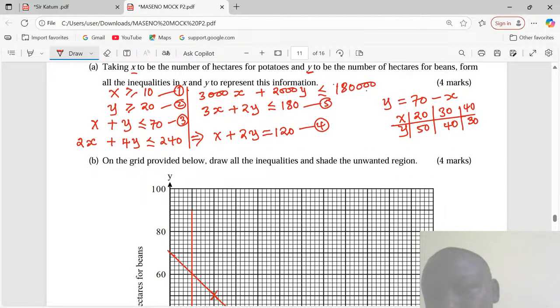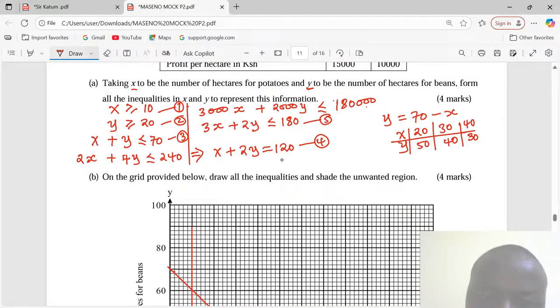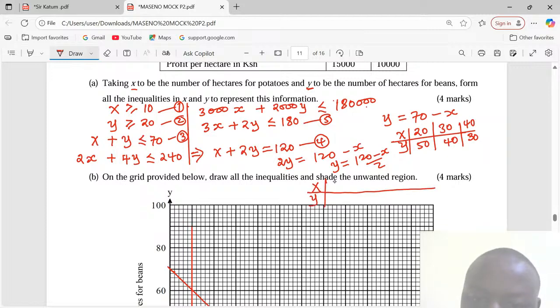We check now the fourth inequality. x plus 2y equals 120. Let's get y. 2y equals 120 minus x, so y equals 120 minus x over 2. A small table of values. When x is 0, y shall be 60.